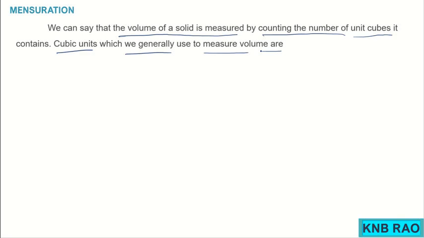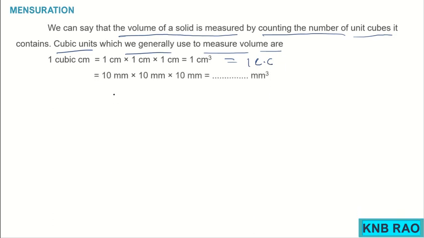Now let's go to the units. Here 1 cubic centimeter is 1 centimeter cube, normally written as 1 cc. Further, 1 cubic millimeter: substituting 1 centimeter as 10 millimeter, 1 cubic centimeter converted into millimeter cube is 10 into 10 into 10.